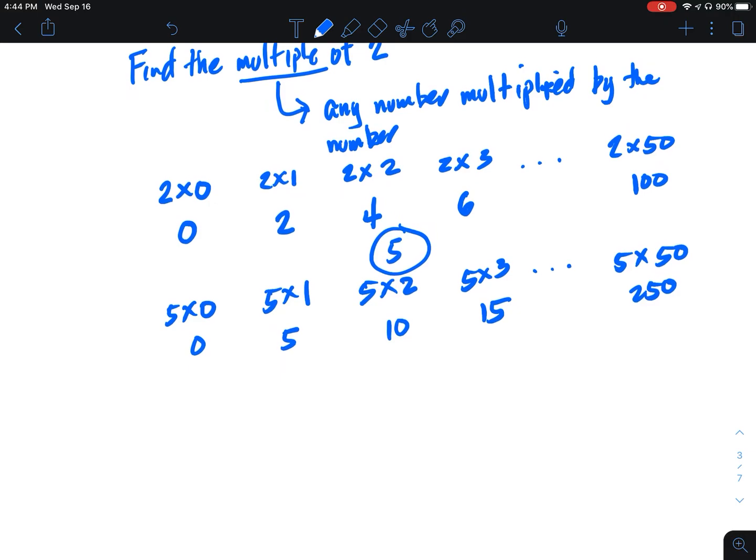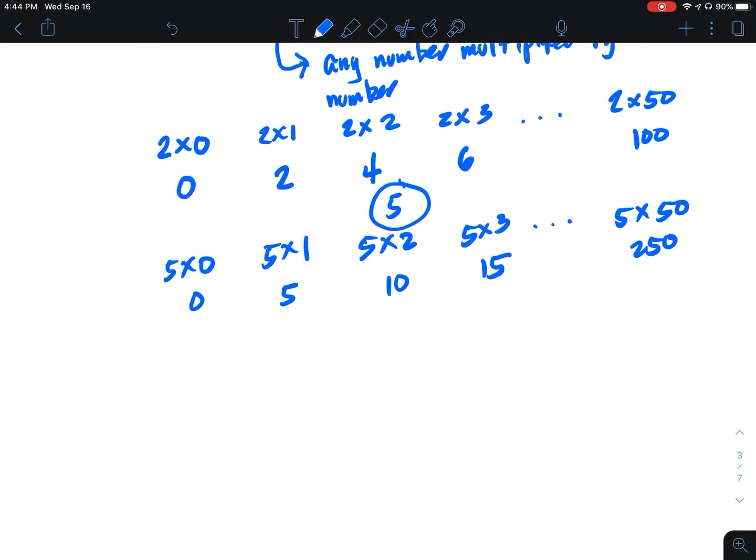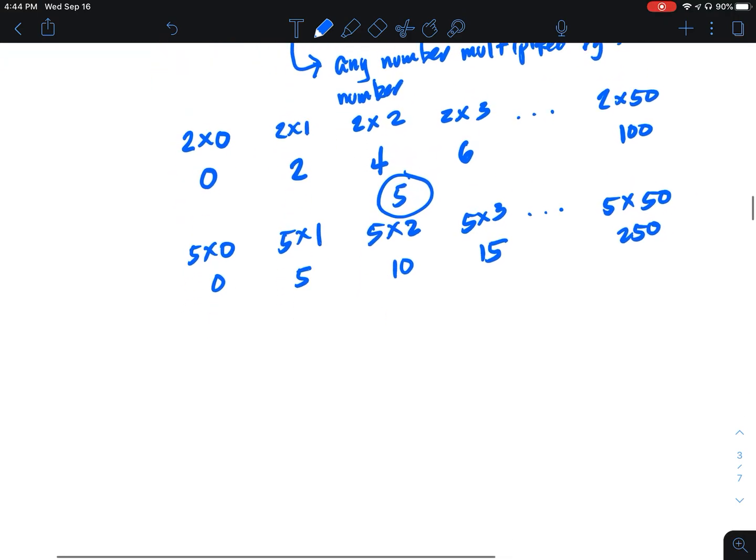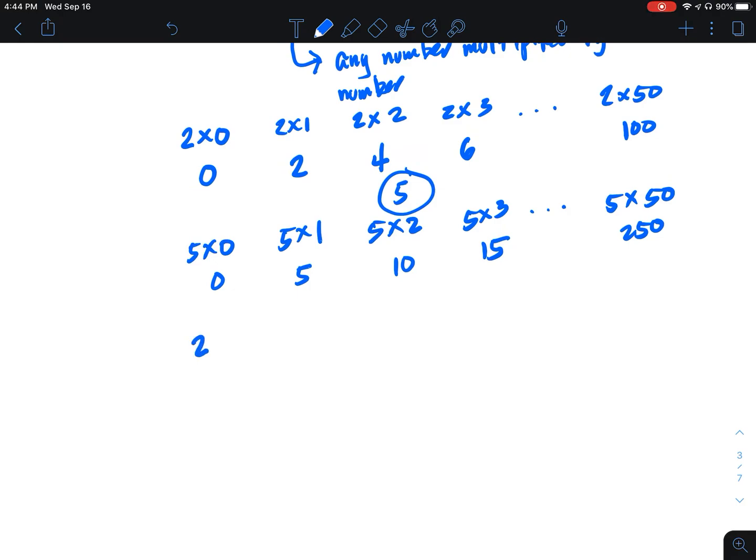Now, what are common multiples? If I take the same two numbers, 2 and 5, and I want to find their multiples. The multiples of 2 are 0, 2, 4, 6, 8, 10, 12, 14, 16, 18, and so on.